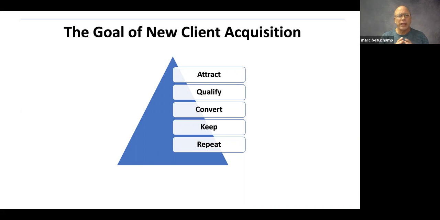We really want to look at the low-hanging fruit within our business that we can improve to acquire more customers and focus on those customers that make us more money. So there's the marketing, lead gen, attraction phase. We want to qualify them and make sure they're a good fit for what we're offering. We want to convert them, close them, bring them on board, deploy them, and get them activated. And then we want to keep them in the portfolio and in the mix.